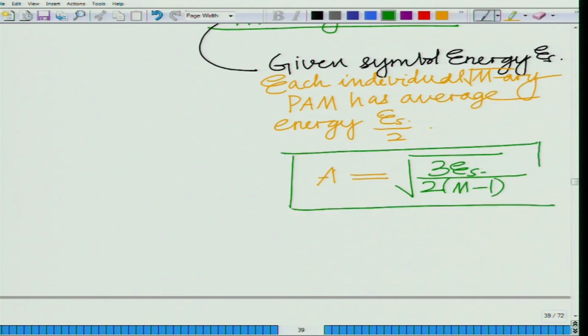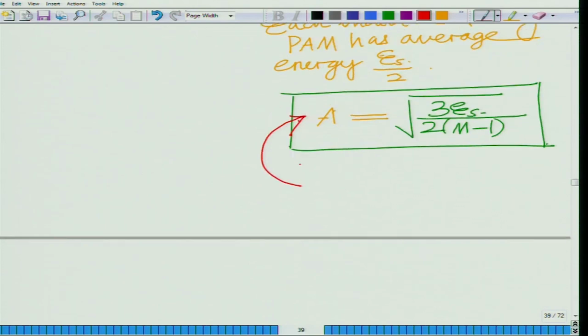This ensures average symbol energy Es by 2, or ensures average energy Es by 2 for the entire PAM.